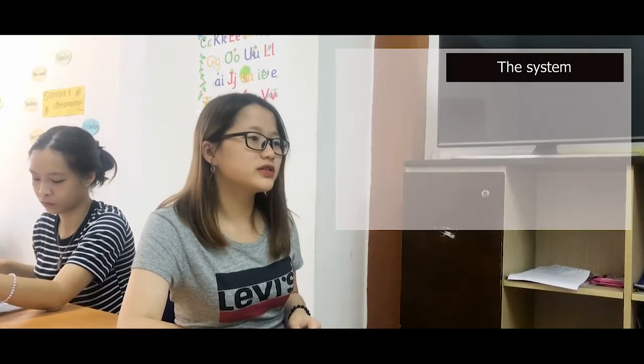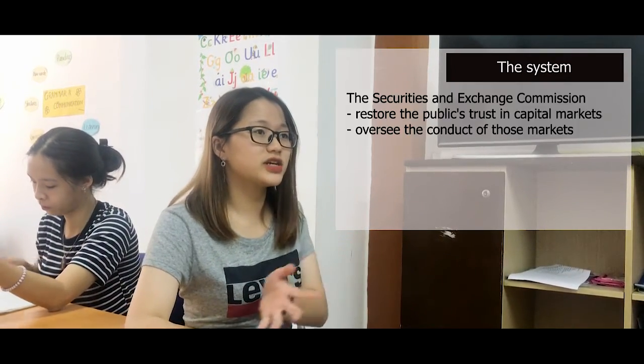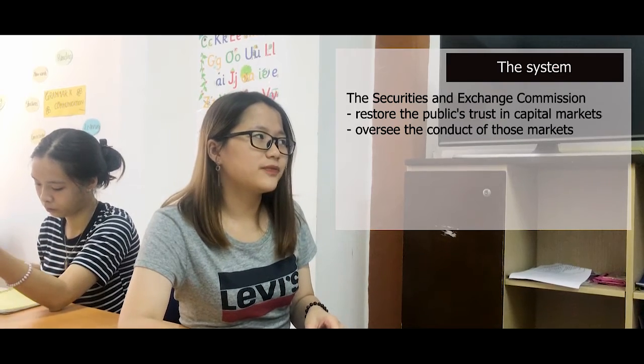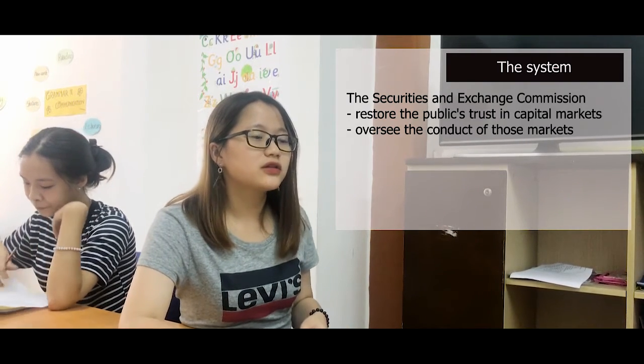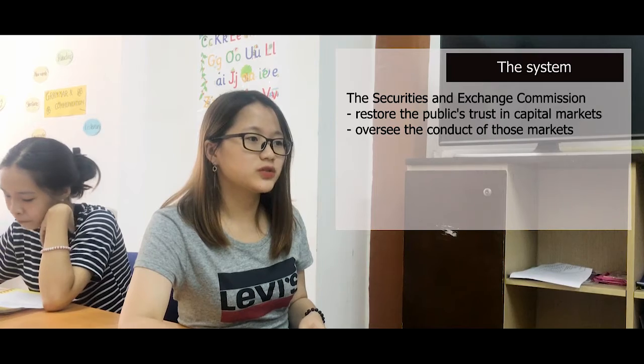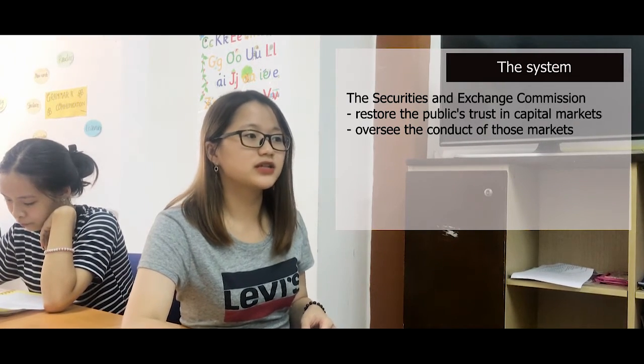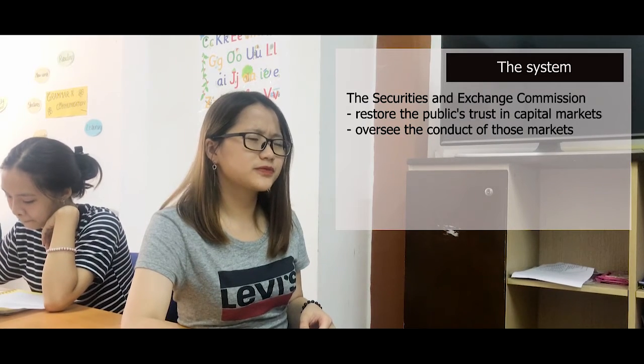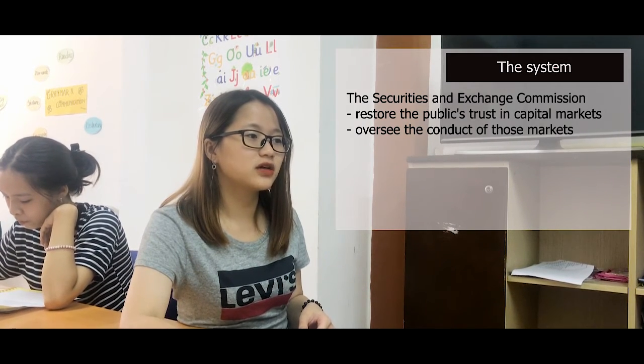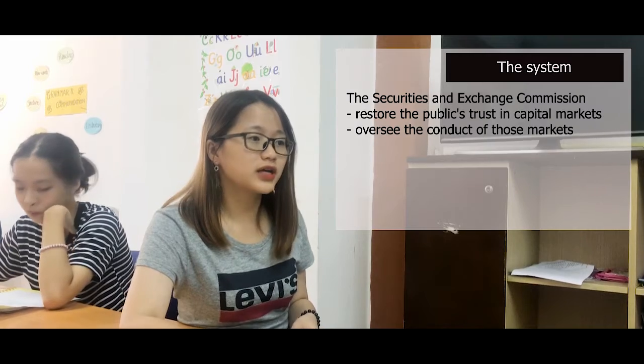The first one is the Securities and Exchange Commission. In 1934, the Securities and Exchange Commission was created to restore the public's trust in capital markets and to oversee the conduct of those markets.